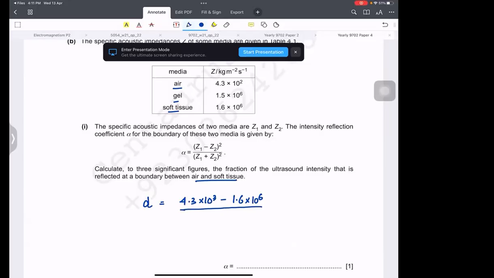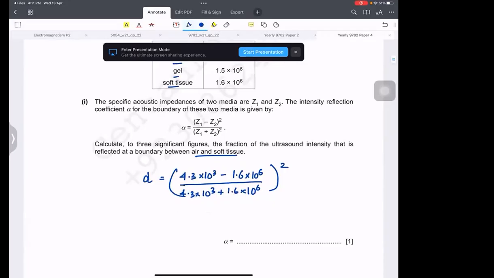And 4.3 times 10 raised to 3 plus 1.6 times 10 raised to 6. And it should be whole squared. What was the answer then? Should be 0.999. So that is this.